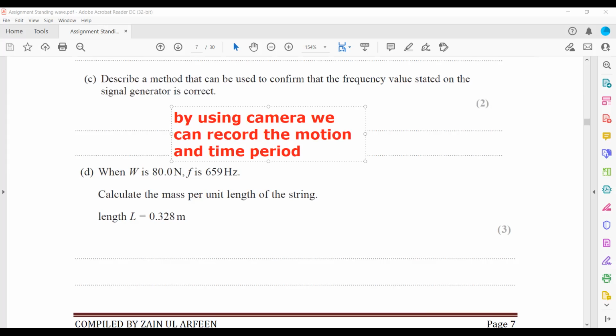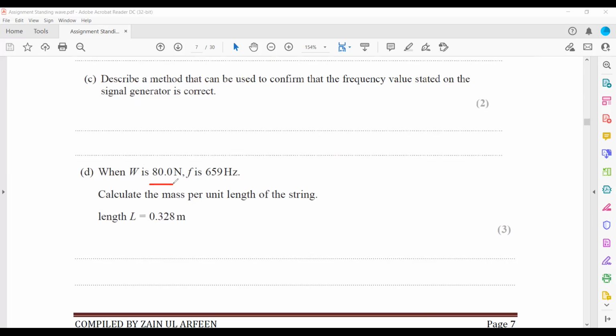After knowing the time period, we can work out the frequency using f is equal to 1 over T. The frequency at which the waves are produced is the same as the frequency of the oscillator. Then the tension is given, the frequency is known, and the length is also shown, so we calculate the mass per unit length.